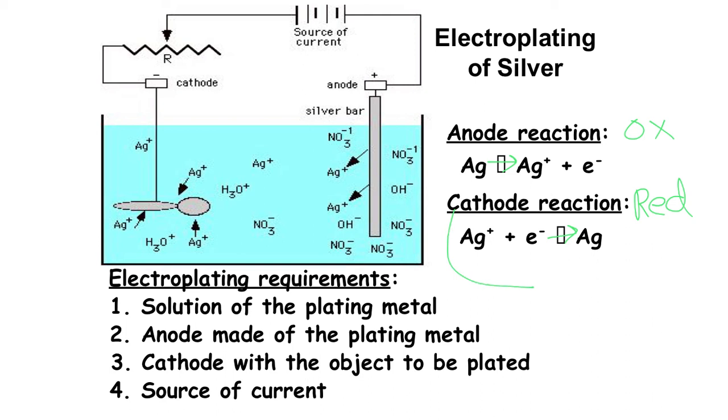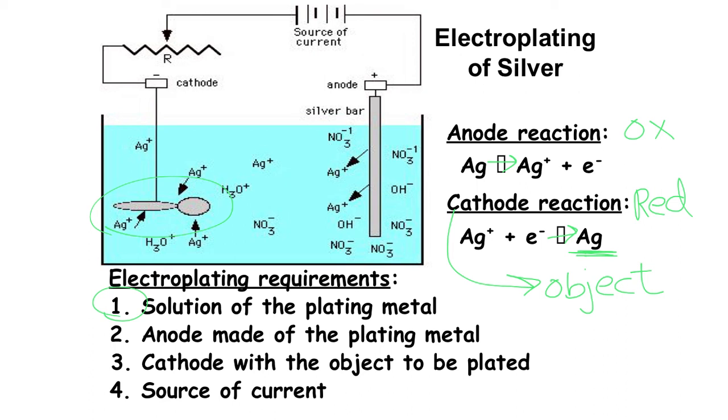The cathode is always going to be your object. So in this case, it would be the spoon because you want the silver metal to end up on the object. You also need a solution of the metal that you're plating on there.